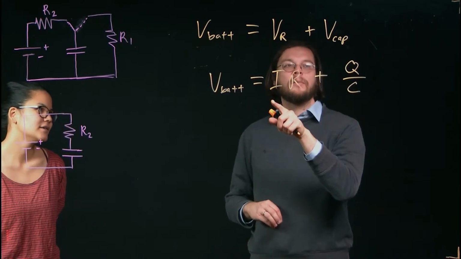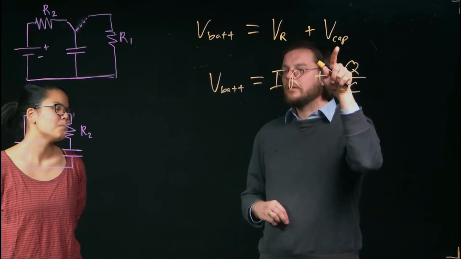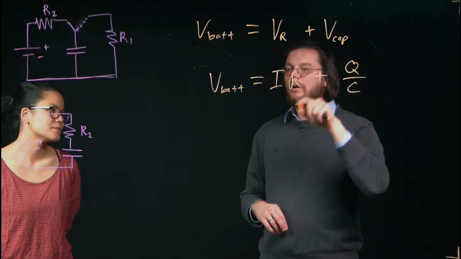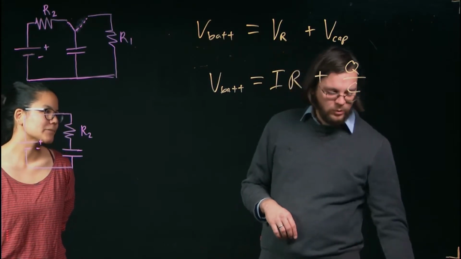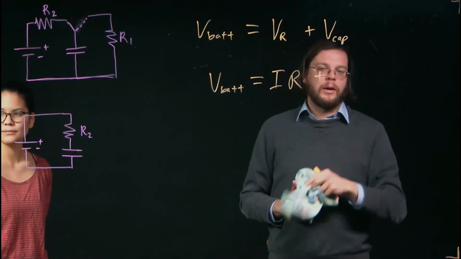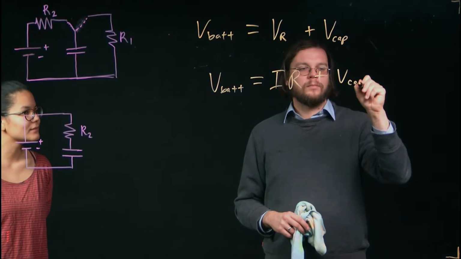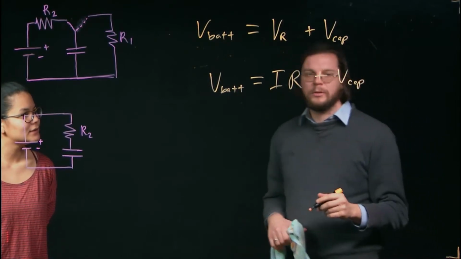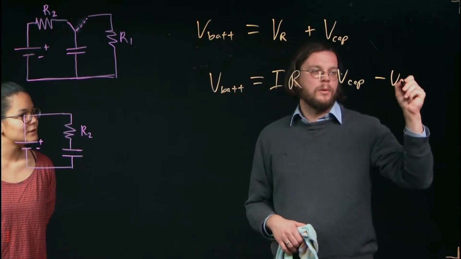Now in our program, I think we leave this variable as the voltage of the capacitor. So instead of Q over C, I'll erase that real quick and just leave this as V capacitor. Then I can subtract V capacitor from both sides.